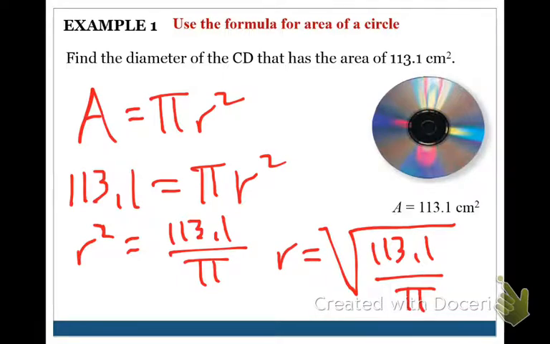Go ahead and calculate the radius. And we're not done once we've found the radius. We've got to find the diameter. What do you get for the radius, Kaylee? 6? All right. So radius equals 6.